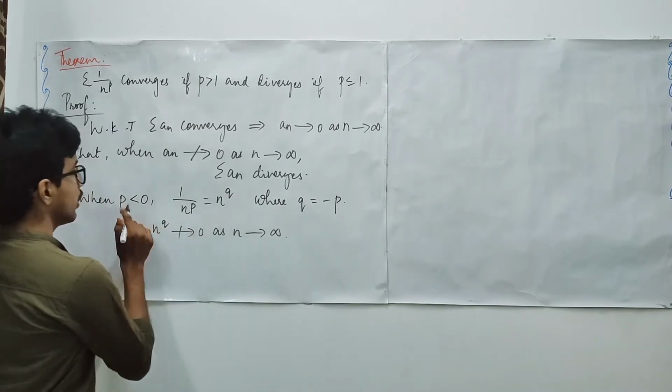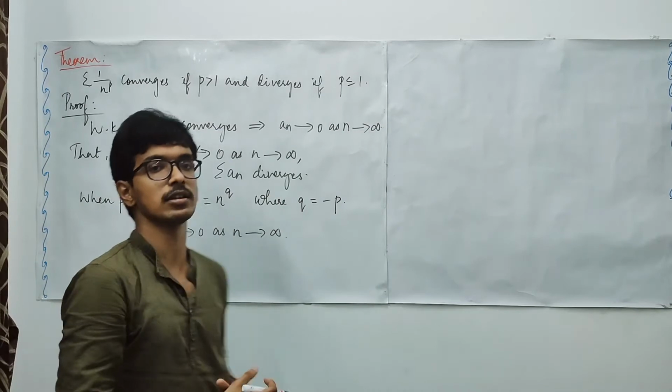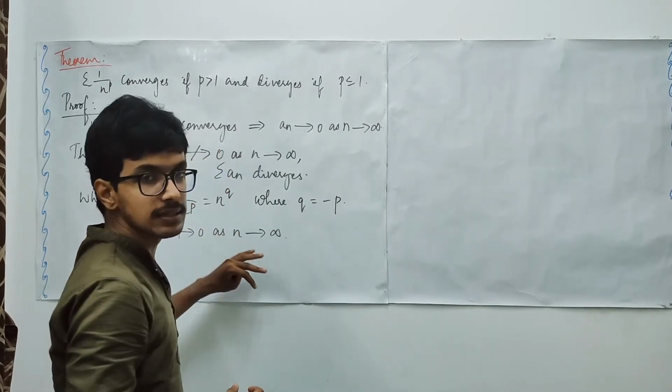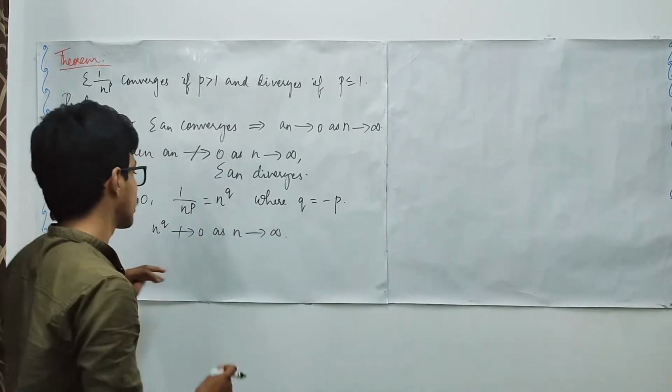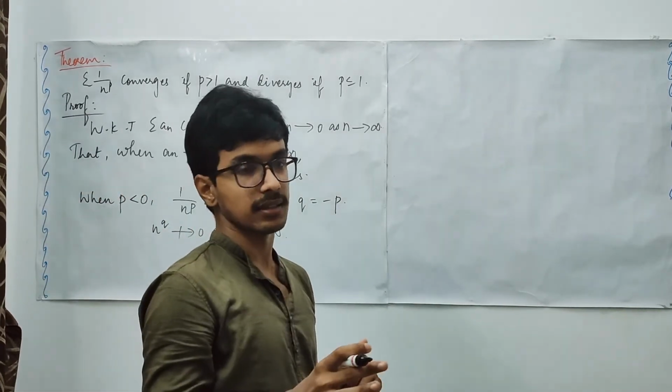Your p is some negative value, so q becomes a positive value, and hence this cannot happen. That is, n power q approaching 0 cannot happen in this case.